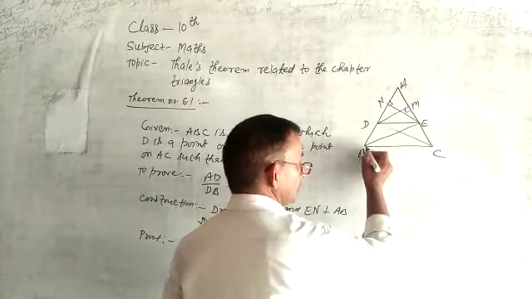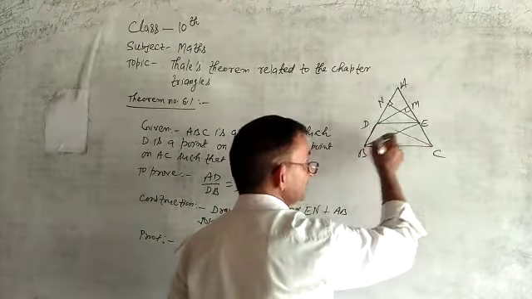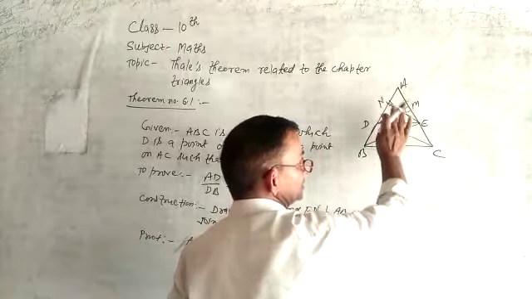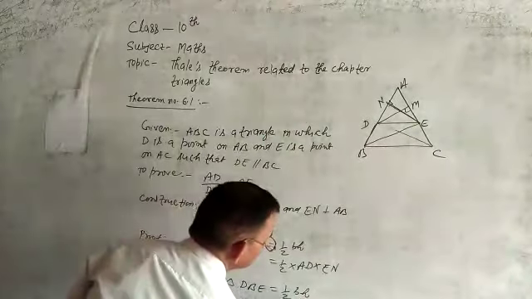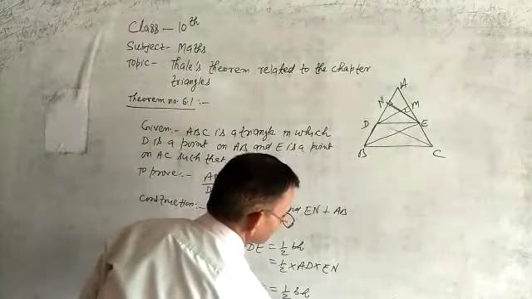So DB is the base and EN will be the height of this triangle. So area is 1 by 2 DB into EN.